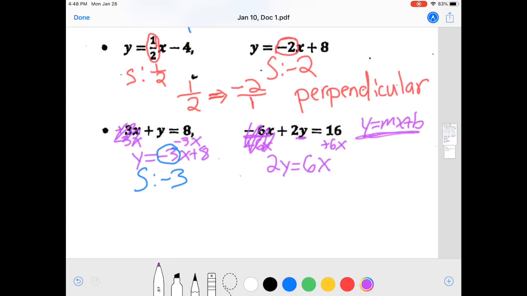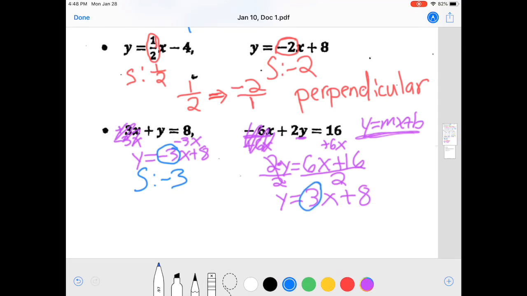And we're left with 6x plus 16. There's multiplication in between the 2 and the y, so we're going to do the inverse operation. And what we would do on one side, we have to do to the whole other side. So we're left with y equals 6 divided by 2 is 3x, and then we've got 16 divided by 2, which is 8.